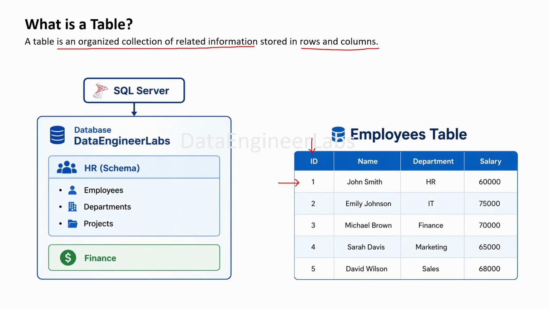Now that we understand the relationship between these three concepts, a database contains one or more schemas such as HR, finance, and each schema contains one or more tables such as employee, departments, projects. The next concept is dot notation, which helps us uniquely identify any table inside a database.